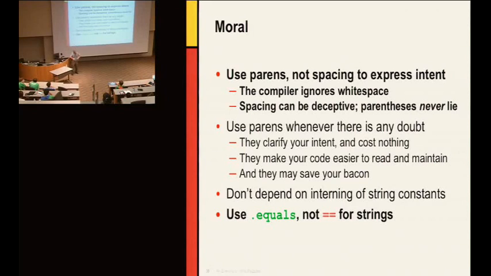Also, you might see people occasionally write programs that use double equals on strings and actually work. Don't do that. Any program that depends on the compiler interning string constants is, if not broken, it will be soon. It's delicately balanced on running. It's a particularly dangerous hack, and here's why.